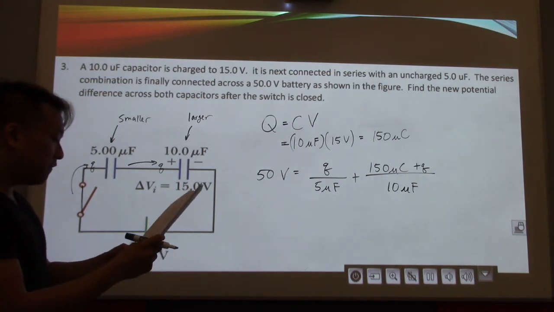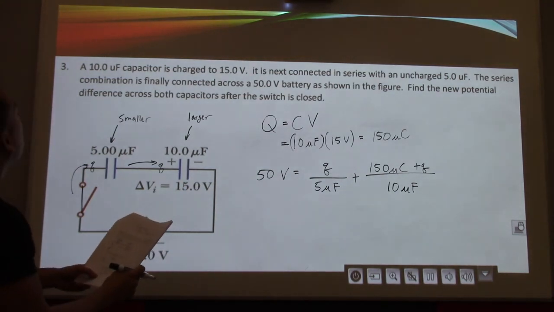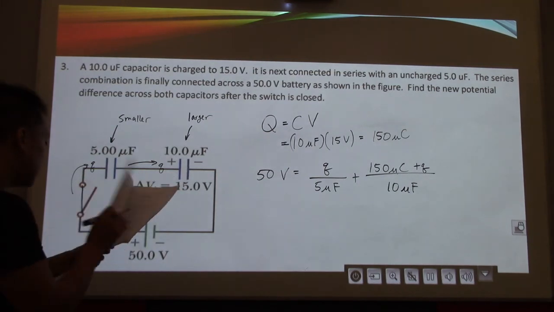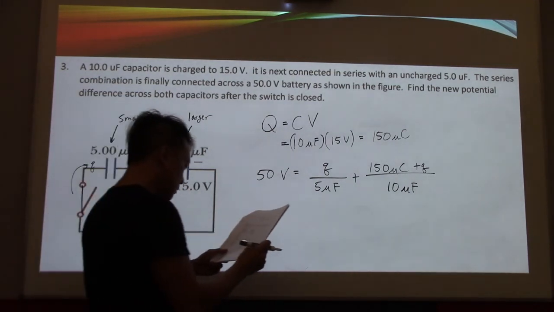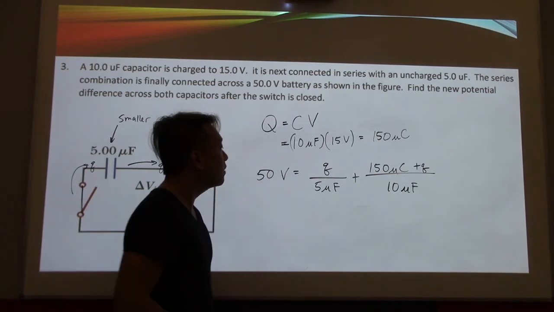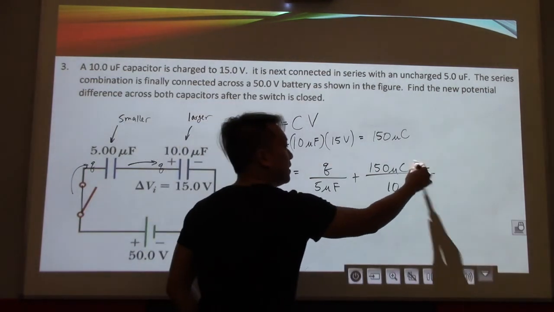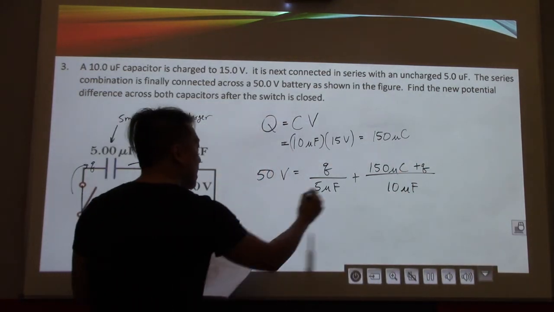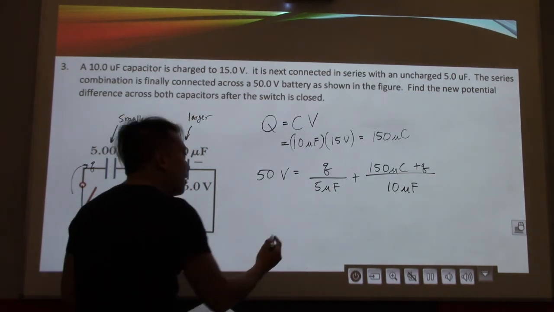Okay, so find the potential difference, so we want to find Q. We want to find the Q here. We want to solve for Q. We have everything else. When all said and done, you do the algebra.